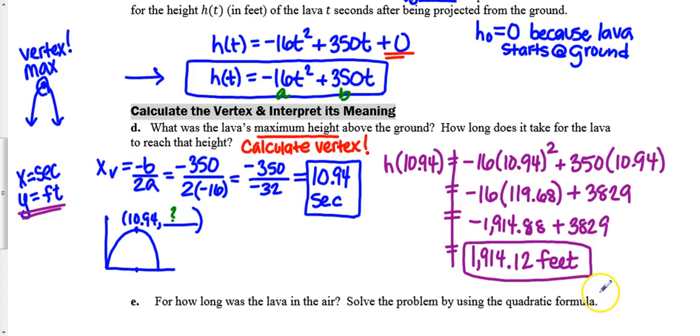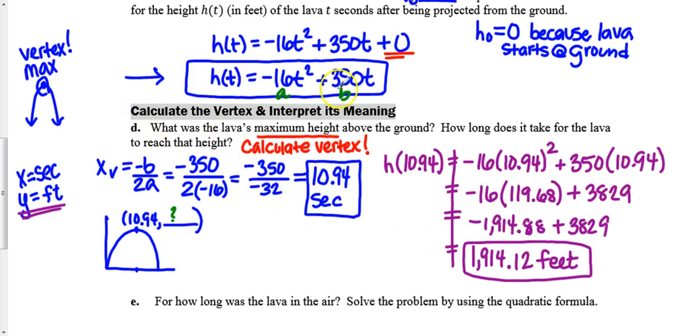So we have now successfully answered both parts of this question. What was the lava's maximum height? 1,914 feet, or 1,914.12 feet. And then how long does it take for the lava to reach that height? 10.94 seconds.